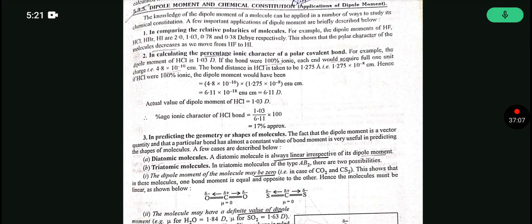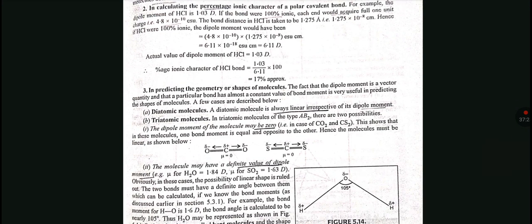Triatomic molecule. In a triatomic molecule of the type AB2, there are two possibilities. The dipole moment of the molecule may be 0, as in the case of CO2. This shows that in these molecules one bond moment is equal and opposite to the other, hence the molecule must be linear, as shown. The molecule may have a different value of the dipole moment.